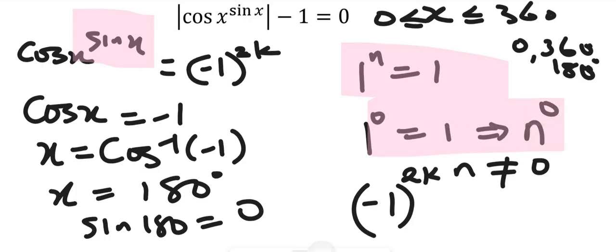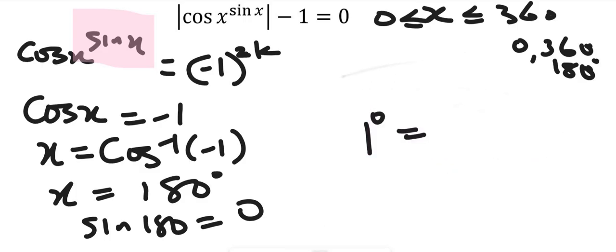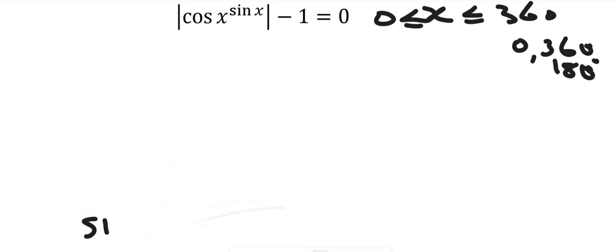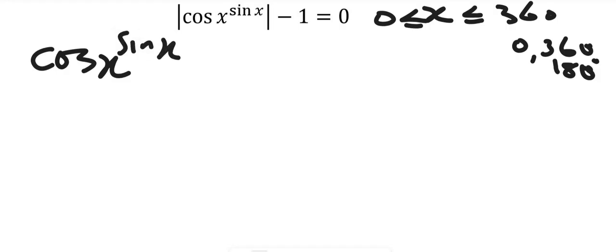So since it is a modulus question, don't forget we have the other part of the modulus question. And the other part is, as I said, cos x sine x is equal to plus or minus 1. I've taken care of positive 1. The next thing is to take care of minus 1. What would the power be in order to have minus 1?